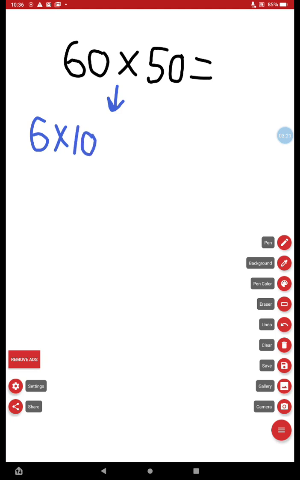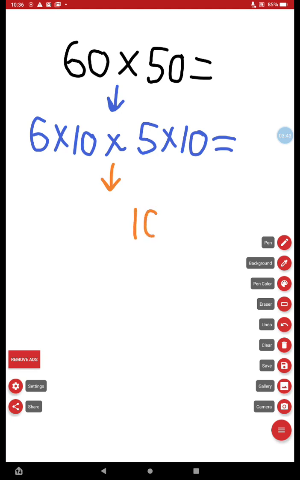I know that 50 is the same thing as saying 5 times 10. And I'm still multiplying them together. So 60 times 50 is the same thing as saying 6 times 10 and 5 times 10. Let's regroup our problem, putting the 10s together. So let's say 10 times 10 over here.